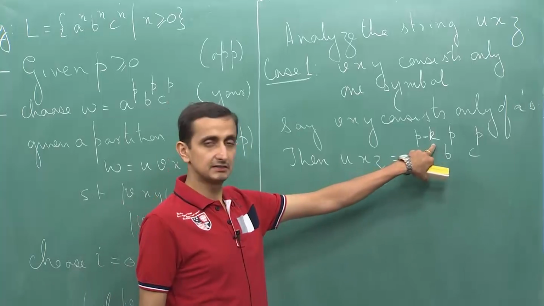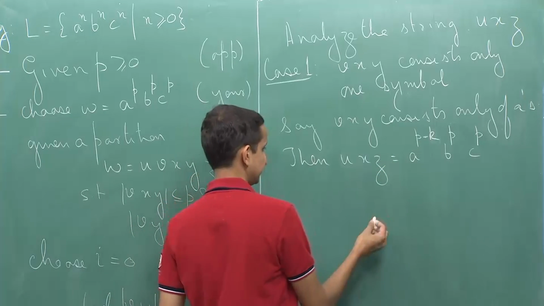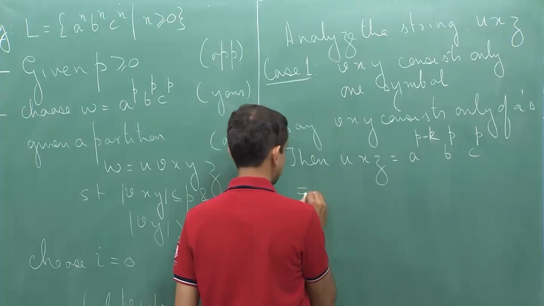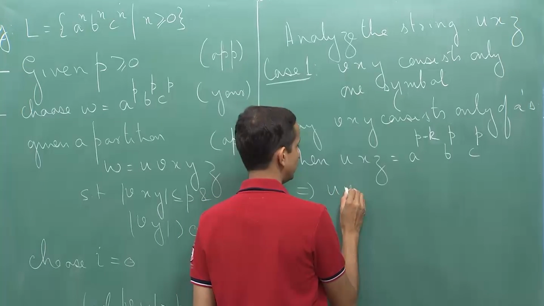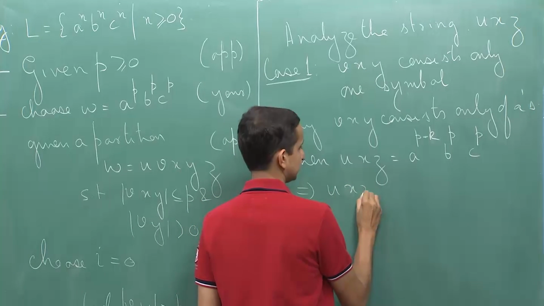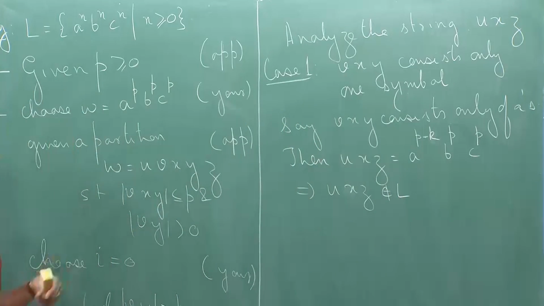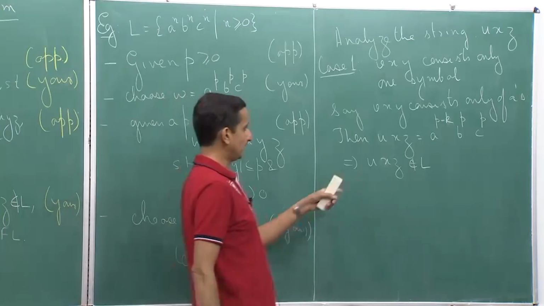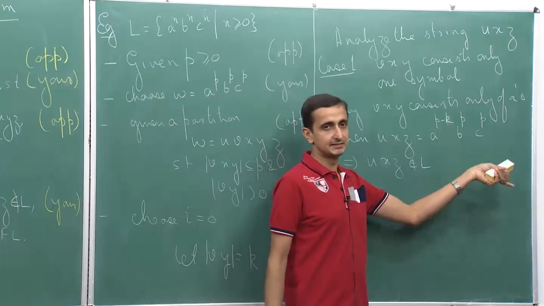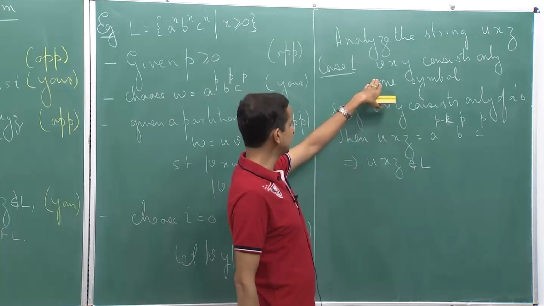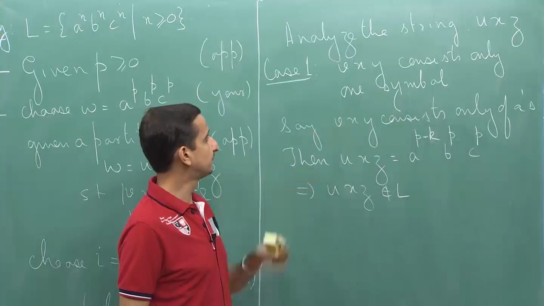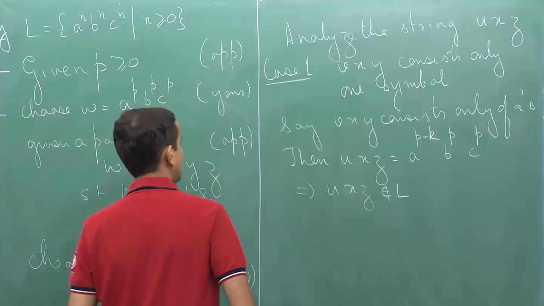And because k is strictly greater than 0, uxz is not in the language L, because it does not have the form of equal number of a's, b's and c's. So, this is the case when we have only one symbol.